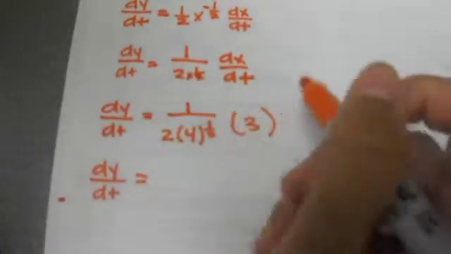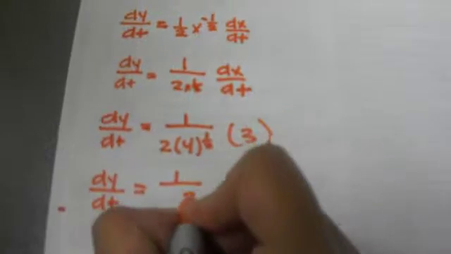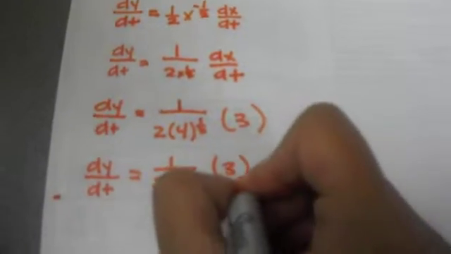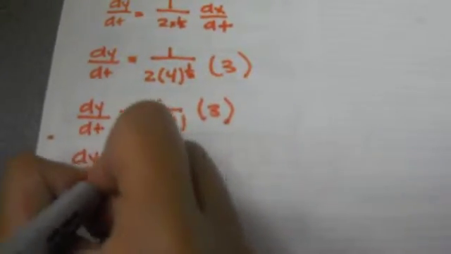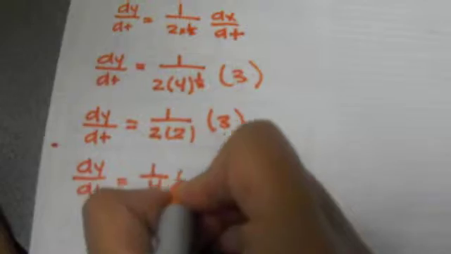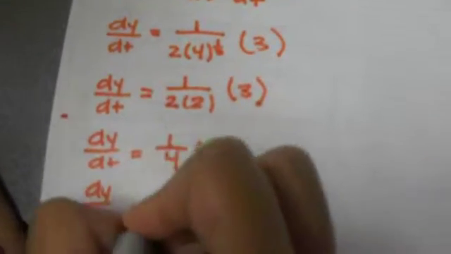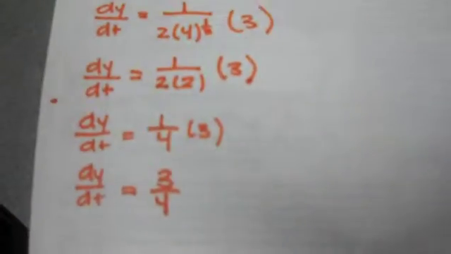And now we just do simple algebra. 4 to the 1/2 power is 2, times 2, and you still have to multiply by 3. So that's 1/4 times 3. And there you have it: dy over dt is 3/4.